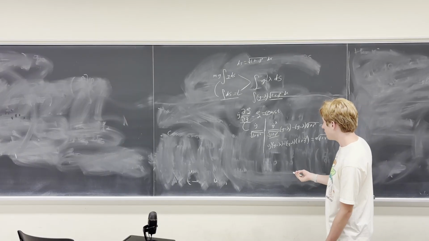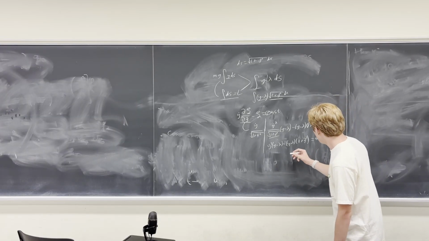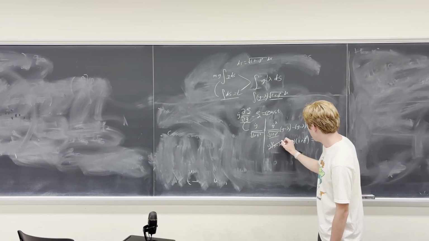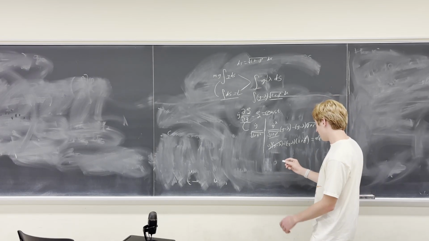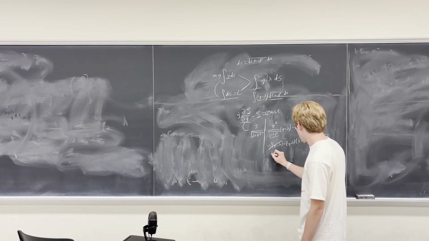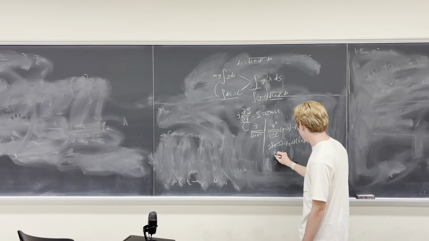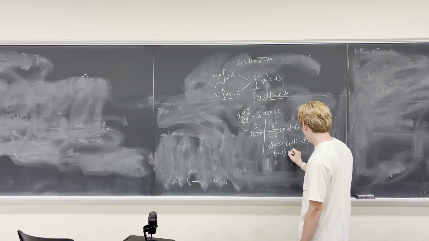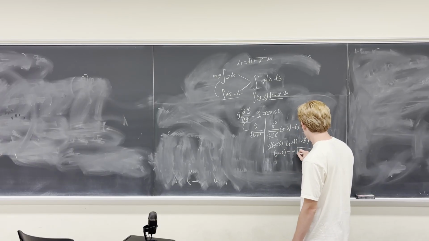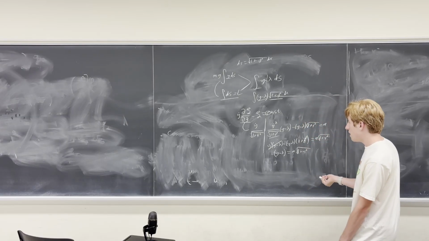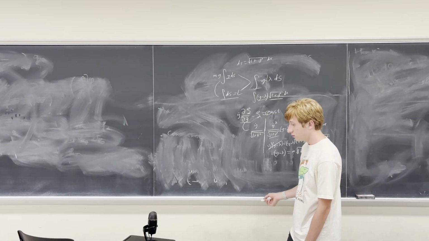We can see that some of these terms cancel. So we have minus y minus lambda equals a times the square root of 1 plus y dot squared. And now we can go ahead and solve for y dot, so I'll move that over here.